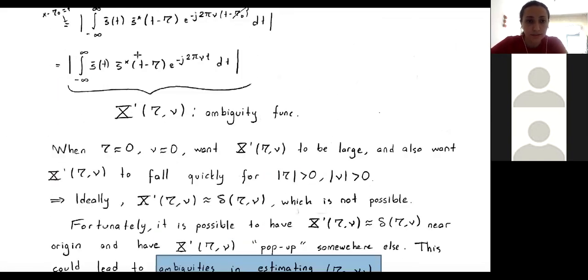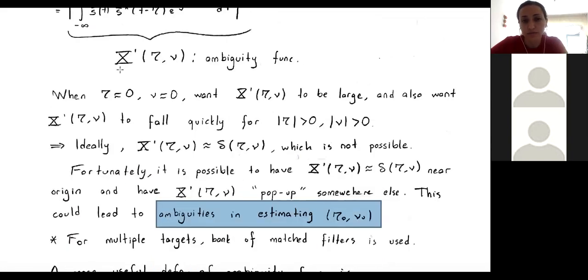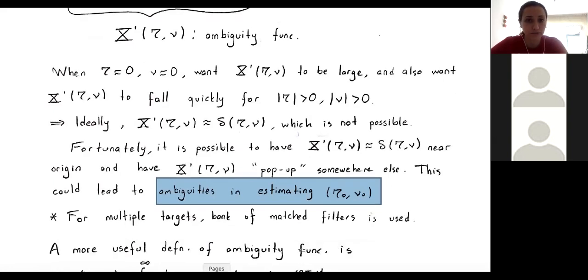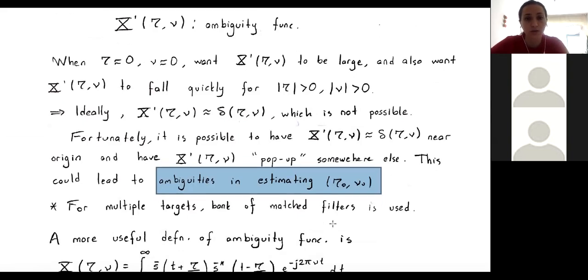So we said this will be our ambiguity function, and we're going to actually measure a sampled version of this ambiguity function by using a bank of match filters. We're going to discuss that. If you have multiple targets, you need to use a bank of match filters as well.